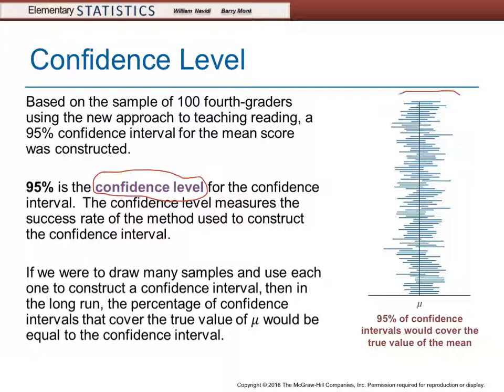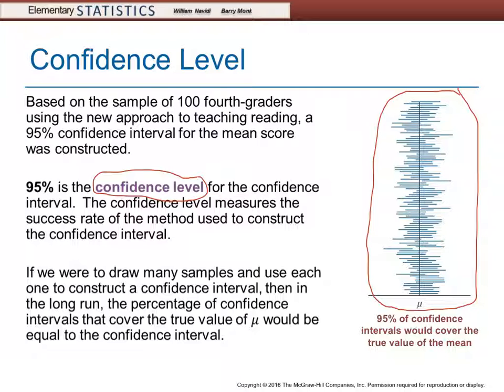So in our case, suppose we had 100 samples, and for each of the 100 samples, we constructed a 95% confidence interval. We did just one before.